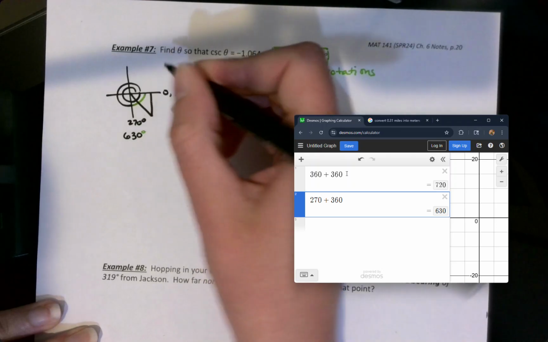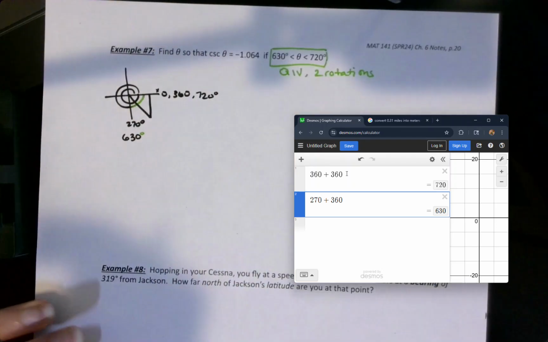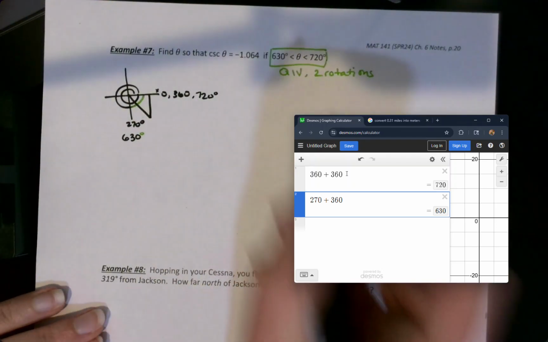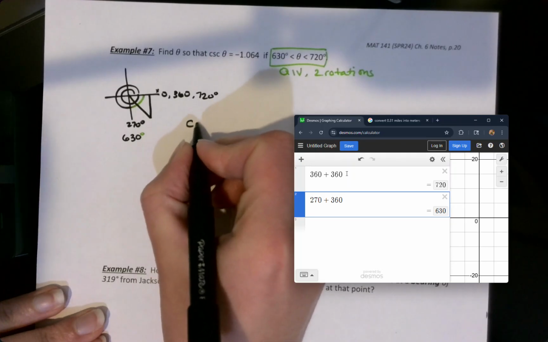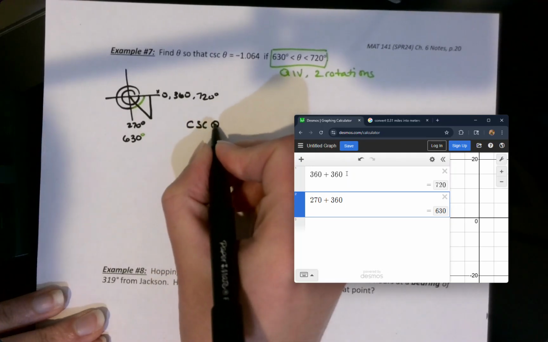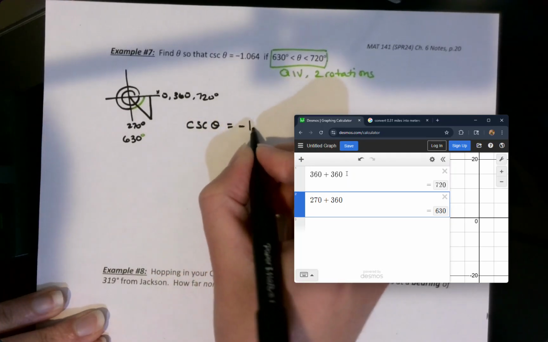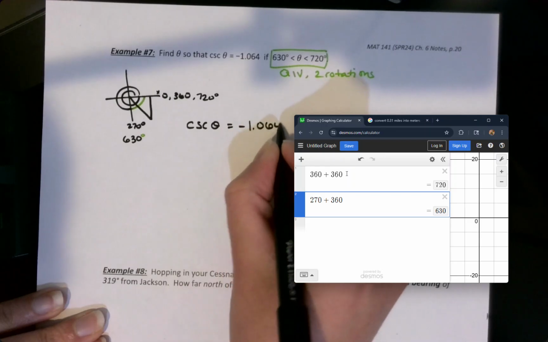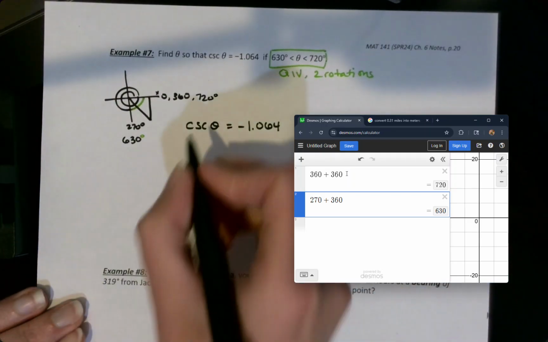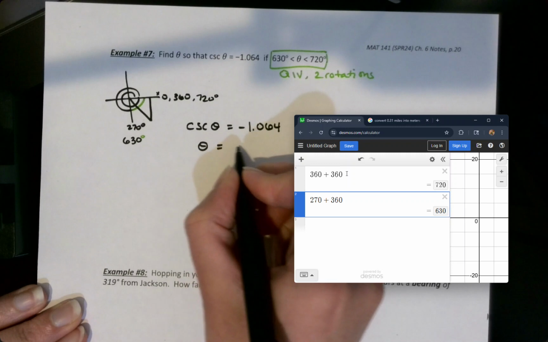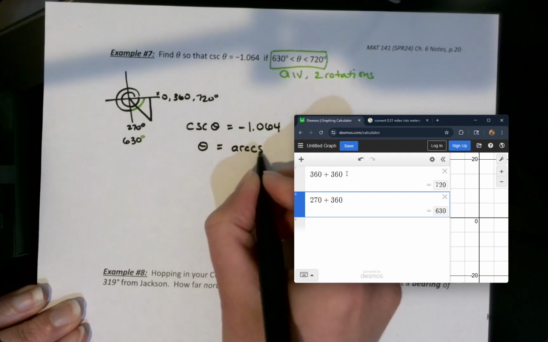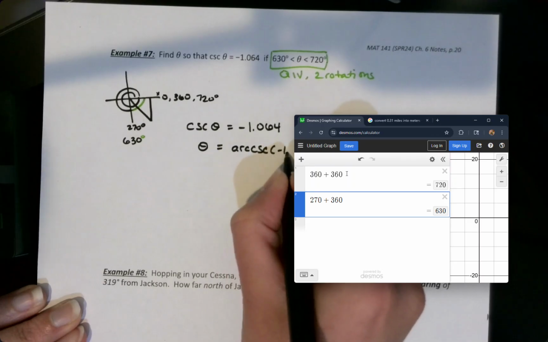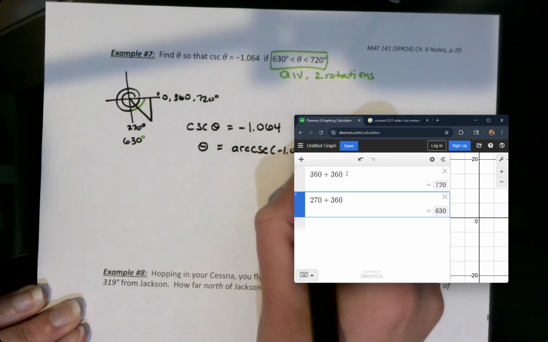Drop up a reference line to get to the closest version of the x-axis. And I know that the cosecant of theta is negative 1.064. So I know one version of theta is going to be the arc cosecant of negative 1.064.